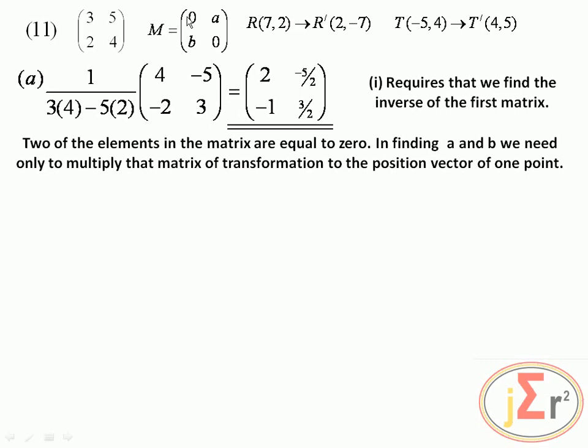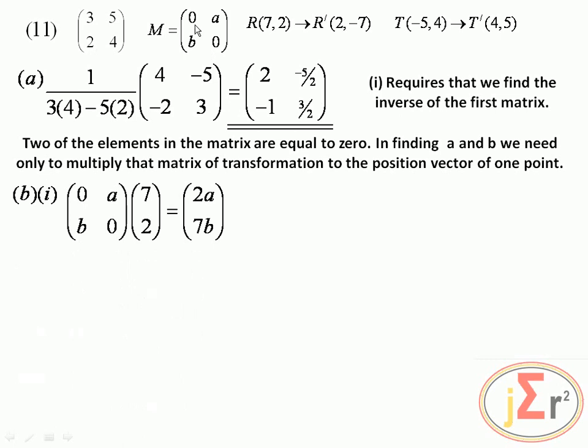Because this is equal to 0 and this is equal to 0, we do not have to write an equation that consists of 3 2 by 2 matrices. All we need to do, since the problem is already simplified by having a 0 here and a 0 here, is multiply the matrix of transformation by any point or the position vector of a particular point.